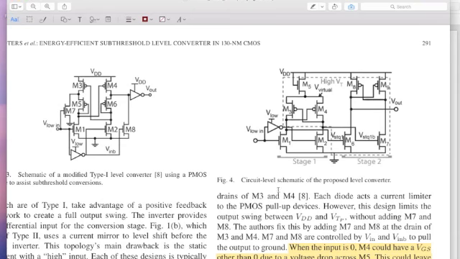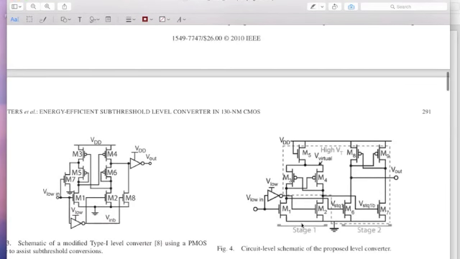to all these stages. So instead, what these people do is they use this two-stage level conversion, and you see this level converter is the same. The topology is the same. M1, M2 and M3, M4 is cross-coupled. Similarly, M6, M7 are the inputs, and M8, M9 are cross-coupled. Except the first stage is being supplied by a diode connected NMOS.